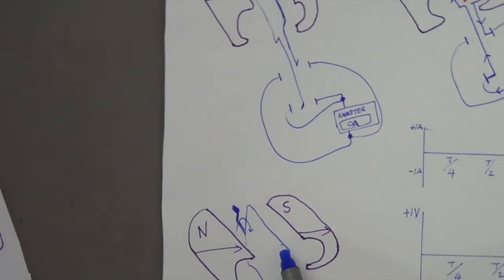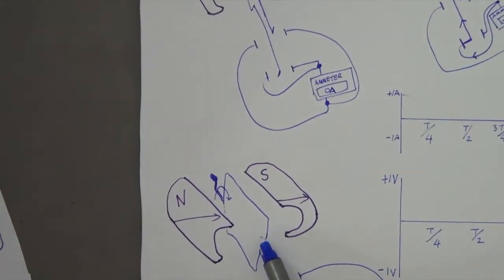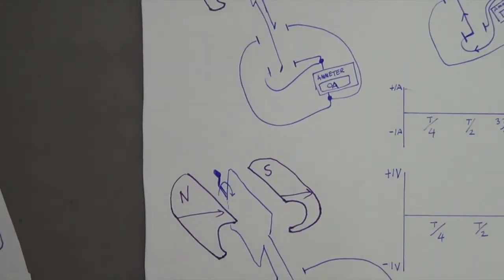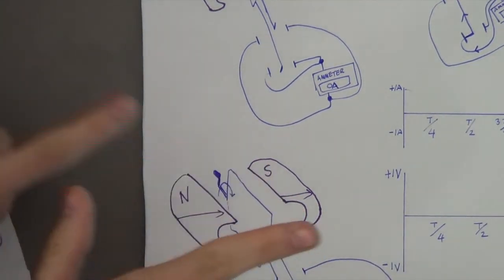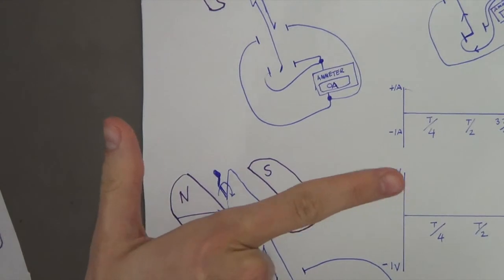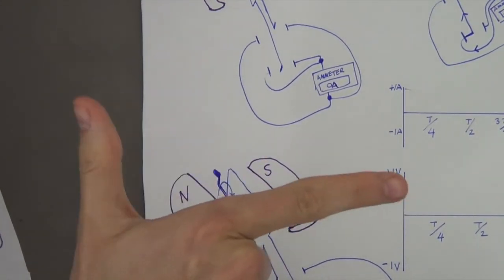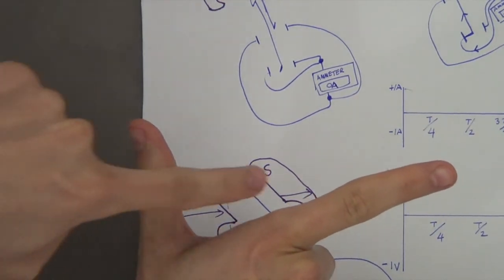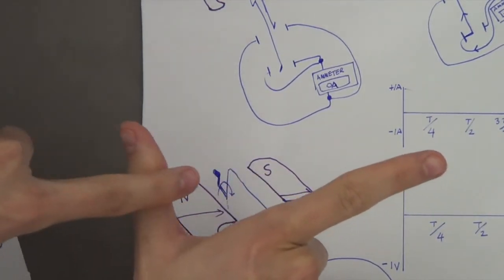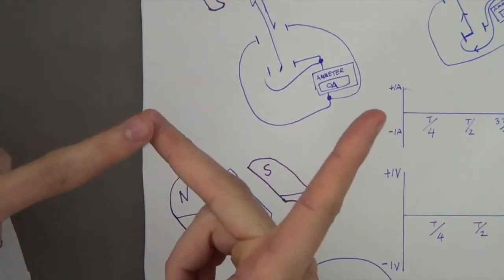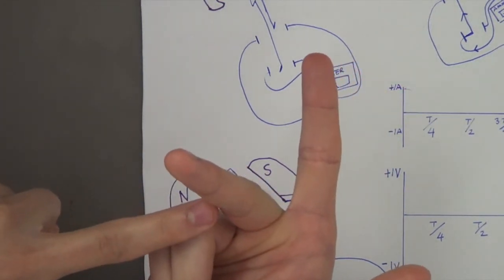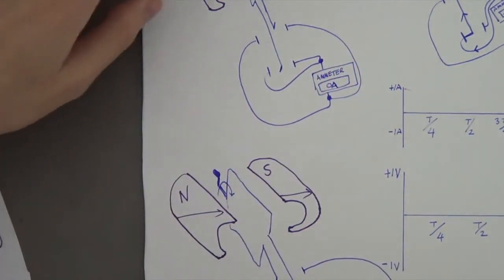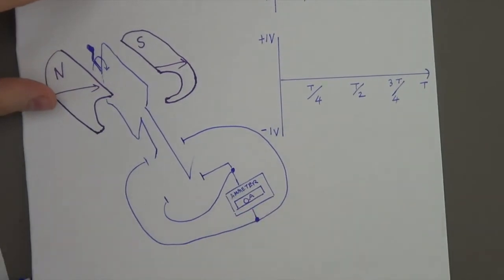If you look at the orientation of the wire with respect to the field, the motion is parallel to the field. Field north to south, our thumb is parallel, so we can't apply Fleming's right-hand rule. The motion needs to be 90 degrees in order for us to get a current induced. So that's why we get 0 amps there.